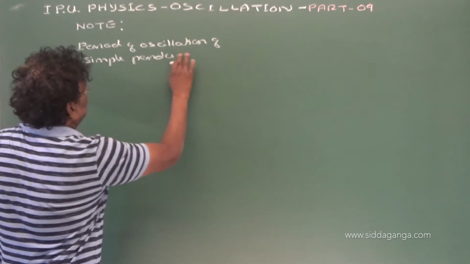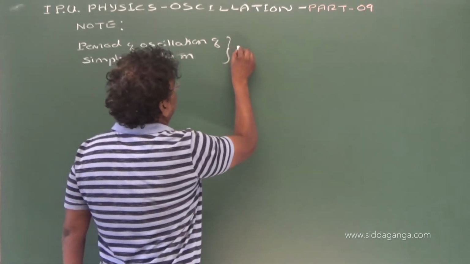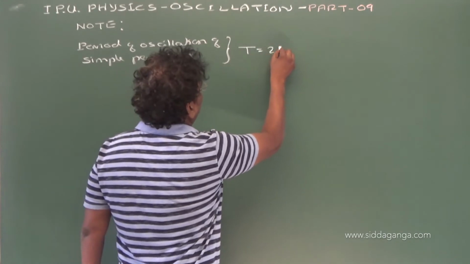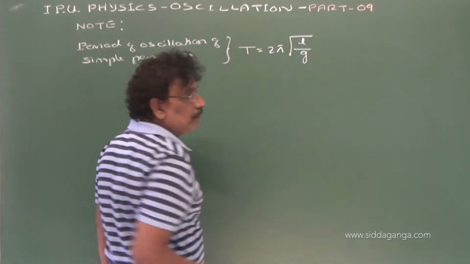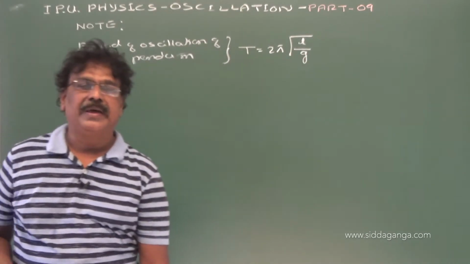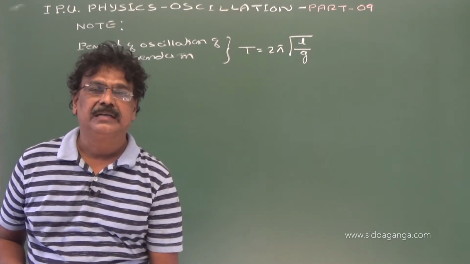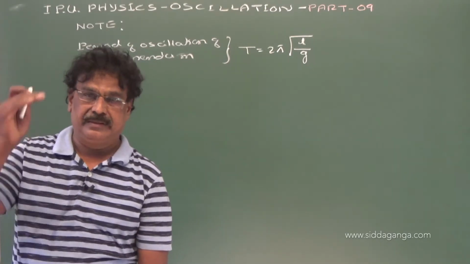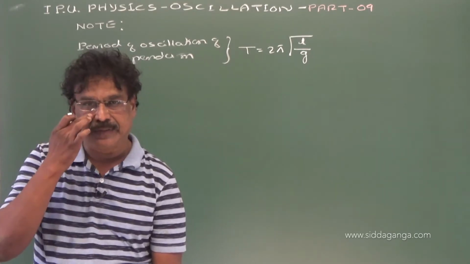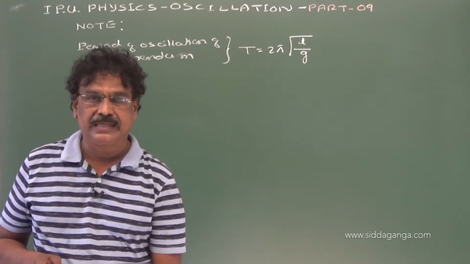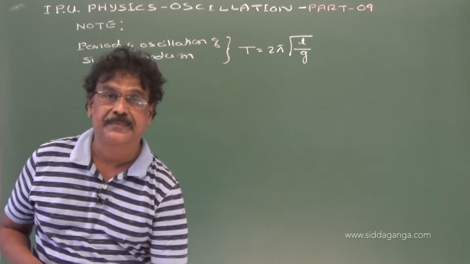Period of oscillation of simple pendulum T is equal to 2 pi into square root of L by G, where L is the length of the pendulum, that is the distance between the point of suspension and the center of gravity of the bob, and G is acceleration due to gravity at that place, right?